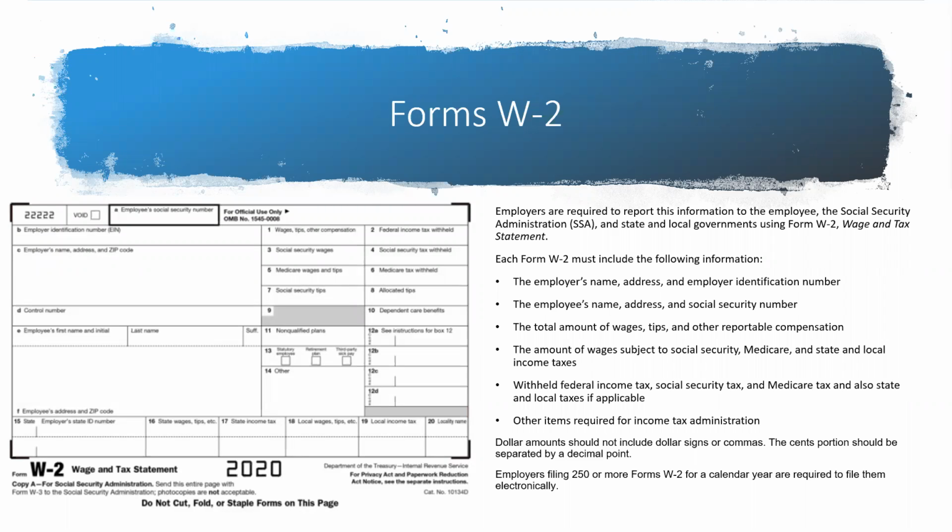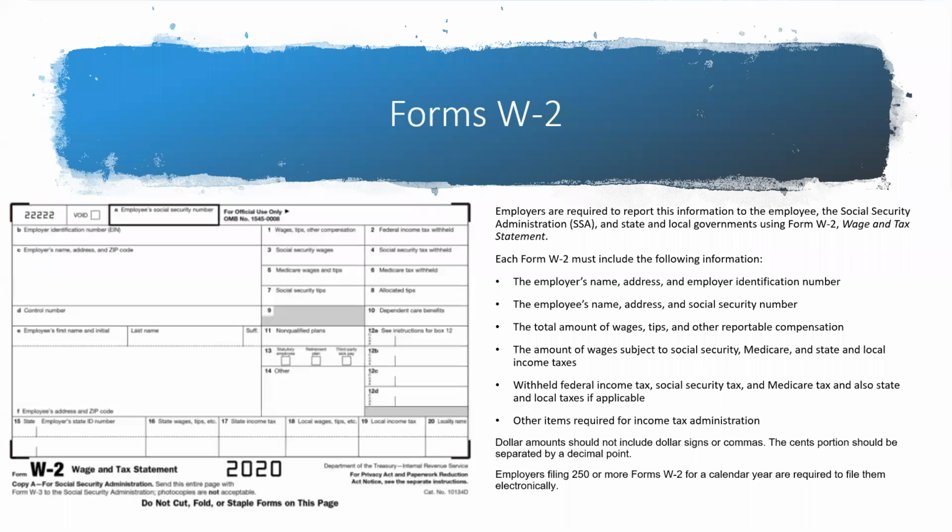They must include the employee's name, address, and social security number. They must include the total amount of wages, tips, and any other compensation that was taxable and must be reported. They must include the amount of wages subject to Social Security, Medicare, state, and local income taxes. They must include withheld federal income tax, Social Security tax, and Medicare tax, as well as any state or local taxes, if there are any.